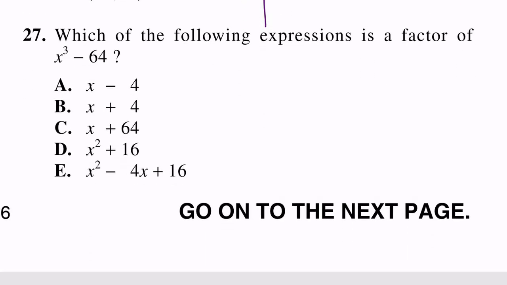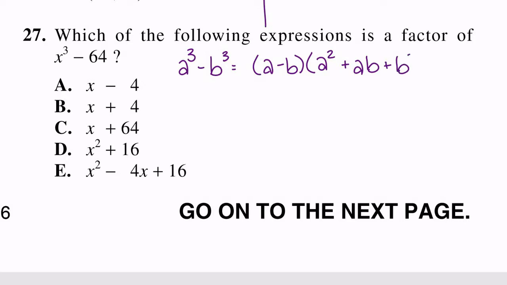Moving on to number 27. Which of the following expressions is a factor of x cubed minus 64? Now if we notice this is a difference of cubes, we can use our difference of cubes equation, which tells us that a to the third power minus b to the third power equals a minus b times a squared plus a times b plus b squared.